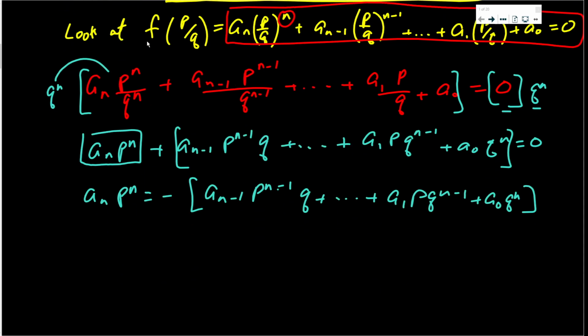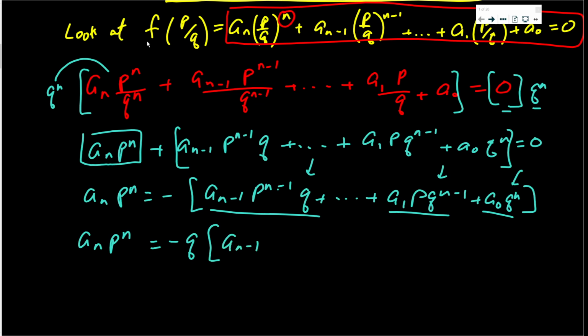Now, when it comes to the right-hand side, I'm not doing anything to the left-hand side, it turns out that each of these terms has at least one q. So I can factor out that q. And I get a_{n-1} p to the n minus 1, up to a_1 p q to the n minus 2, plus a_0 q to the n minus 1.